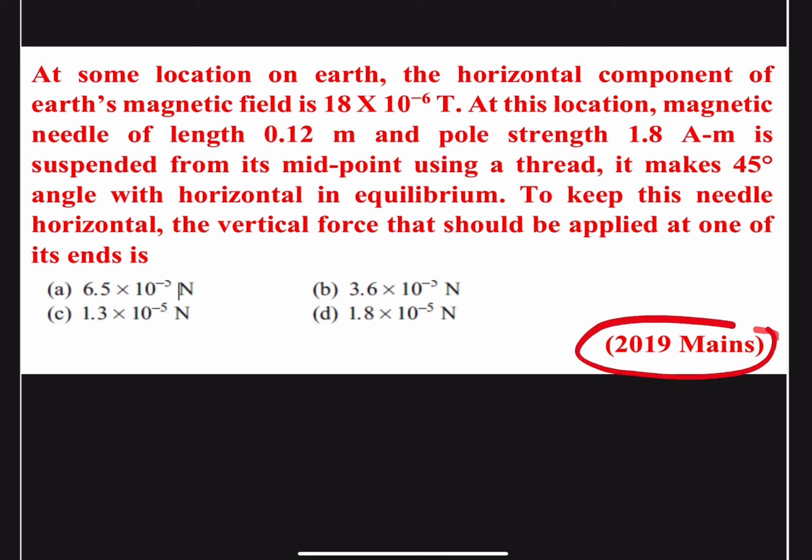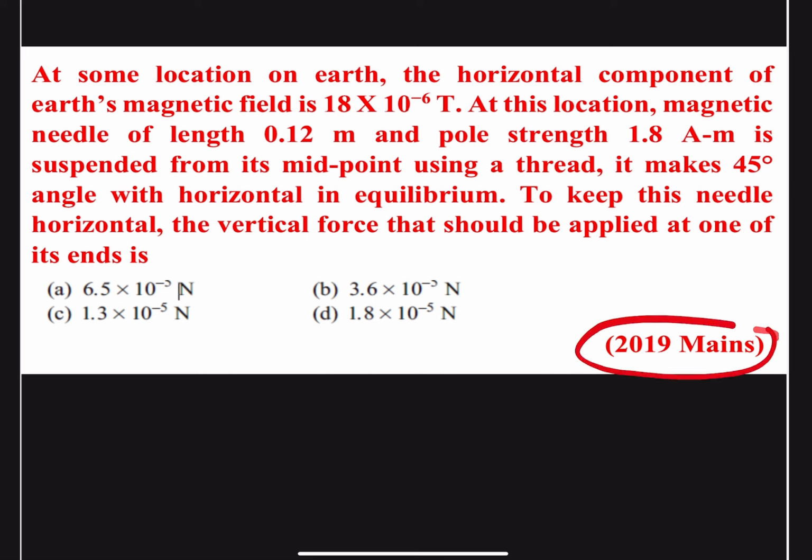Theta is given to us as 45 degrees, so tan of 45 is equal to BV upon BH.